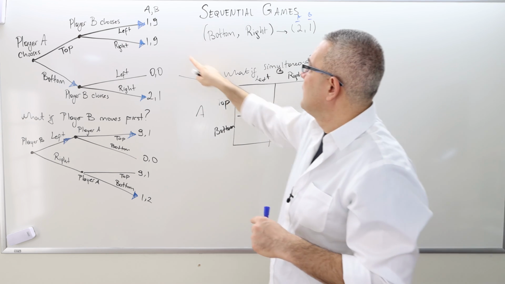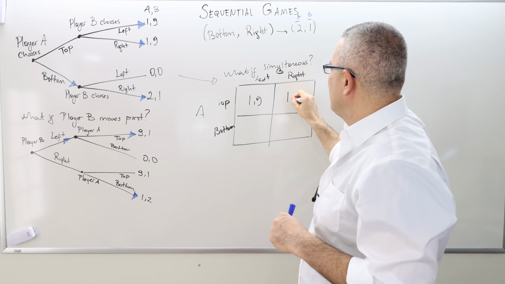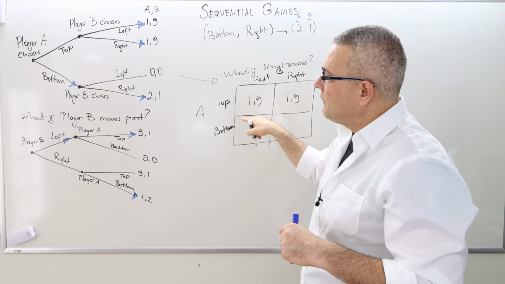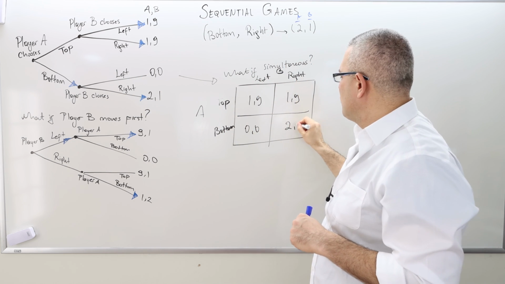So top left would be 1, 9. Top right is again 1, 9. Bottom left is 0, 0. And bottom right is 2, 1.